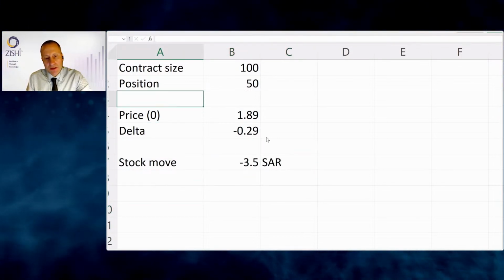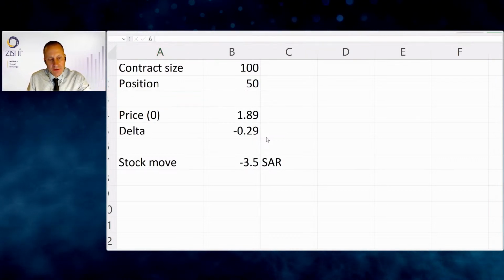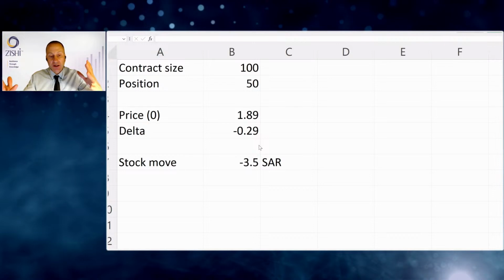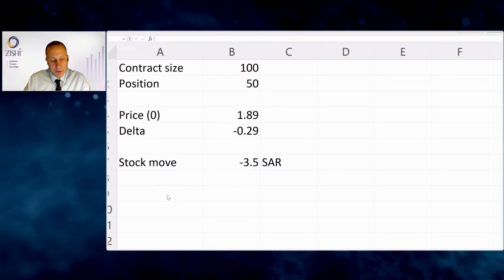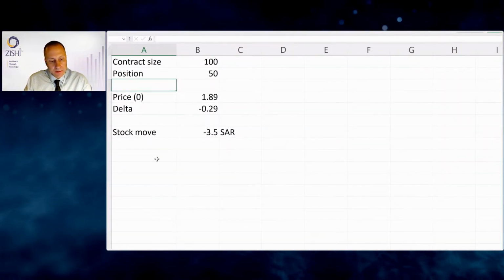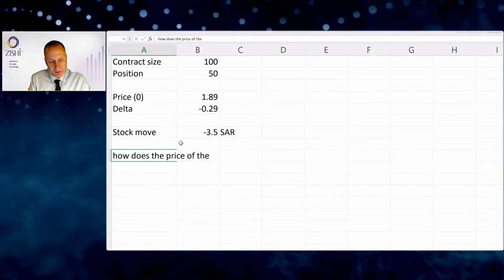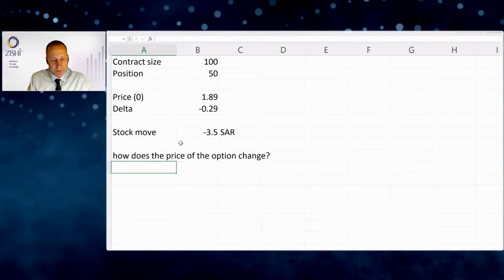So one easy way that I can think about how my P&L changes is I could first think, how does the price change? So let's first think, how does the price of the option change?